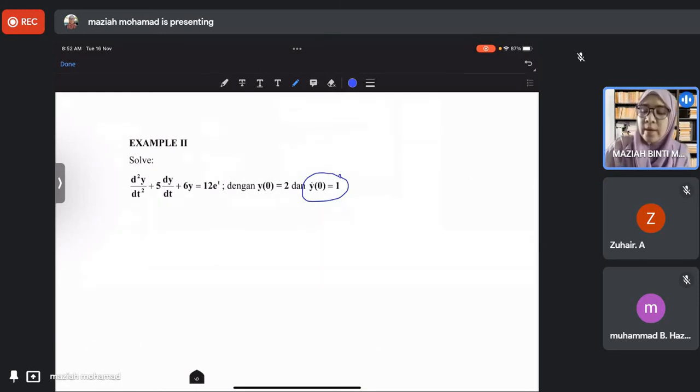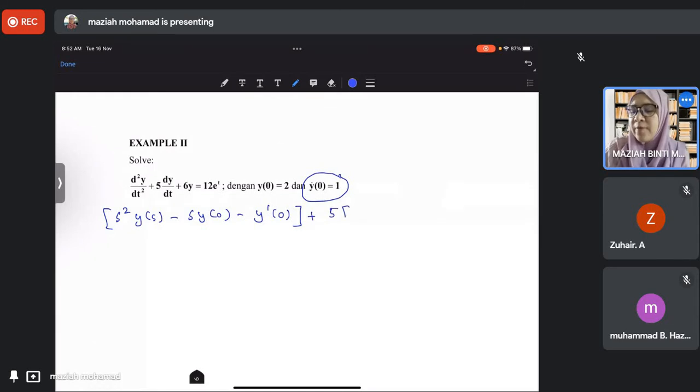Okay, so we have s square ys minus s y0 minus y prime 0 plus 5 sys minus y0 plus 6ys equal to 12 exponent t.